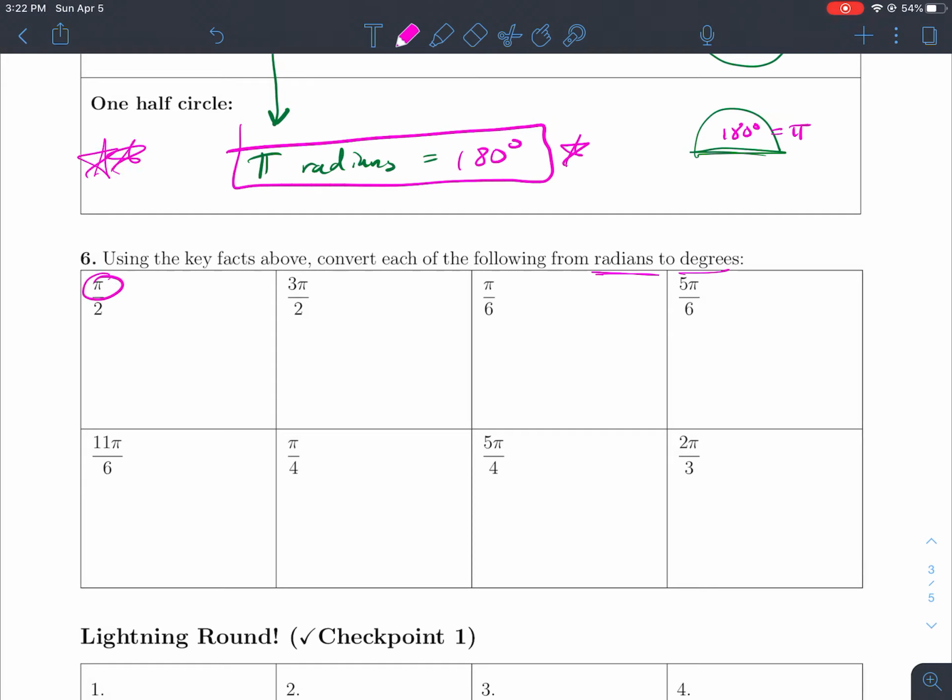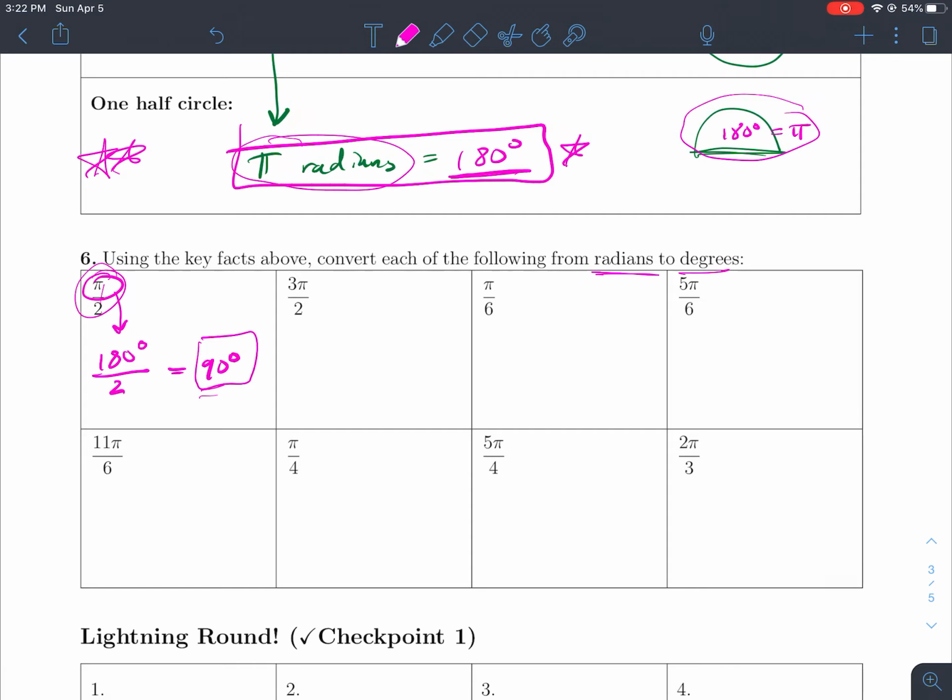Because pi radians is actually 180 degrees, to figure out how much pi over 2 radians is, we can take pi as 180 degrees and divide by 2. Now we know that that is 90 degrees. And that makes sense. If pi radians is a semicircle, then taking half of that should give us 90 degrees. So pi over 2 radians is 90 degrees.